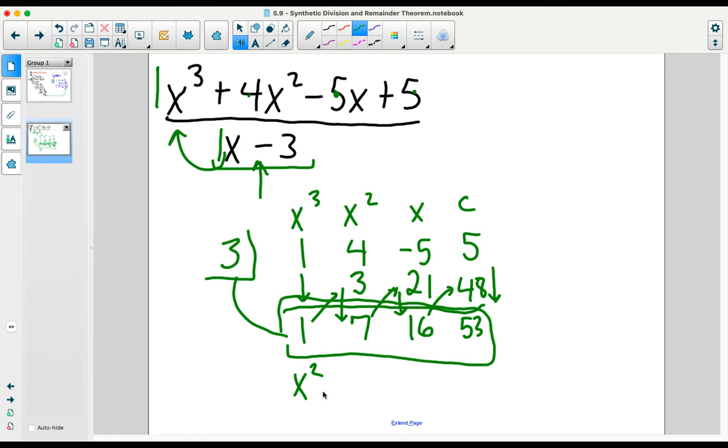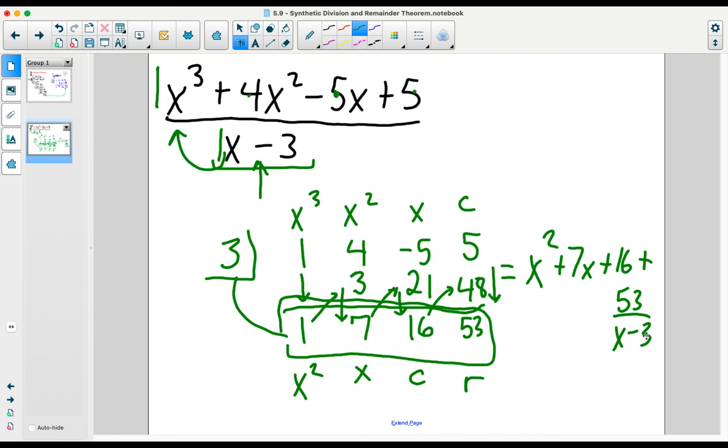This is going to be the x squared term, this is going to be the x term, this is going to be the constant term, and as was suggested on the previous slide, here's our remainder. So synthetic division will pop out a result for us of x squared plus 7x plus 16 plus the remainder of 53 over x minus 3.